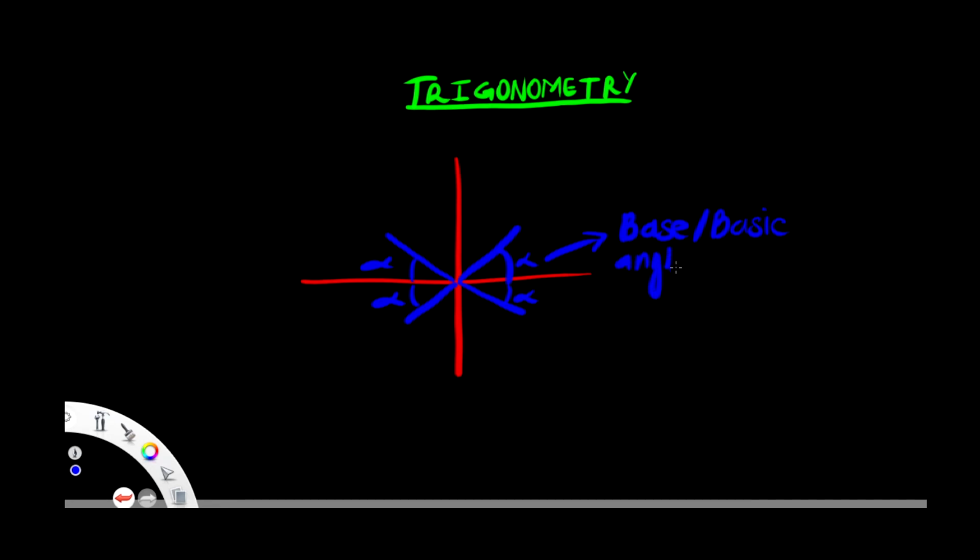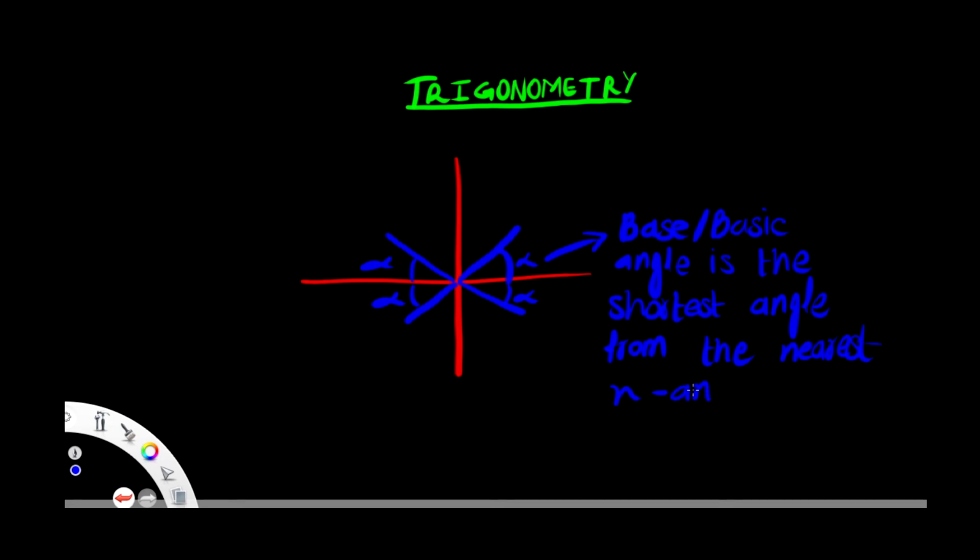Basic angle is the shortest possible angle from the nearest x-axis. So nearest x-axis would mean the x-axis line. So this is the x-axis line. So this is the basic angle.